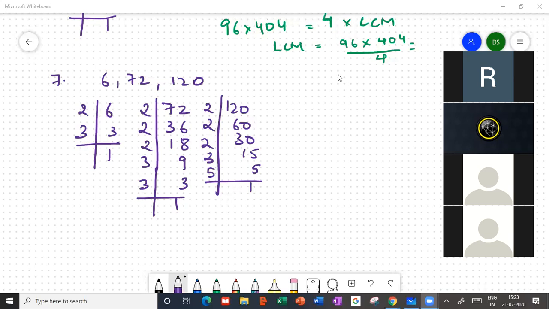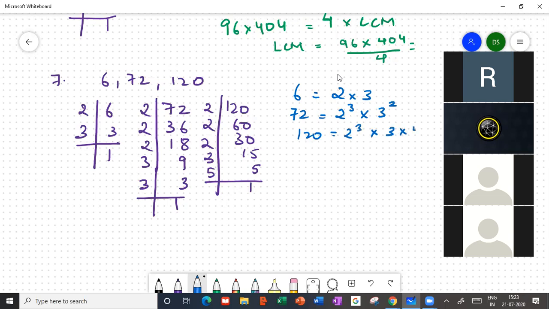So for HCF, if you are not comfortable with this way of looking at the prime factors, you can always write it like this. So 6 is 2 into 3, then 72 is nothing but 2 to the power 3 into 3 square, right? And 120 can be written as 2 cube into 3 into 5.